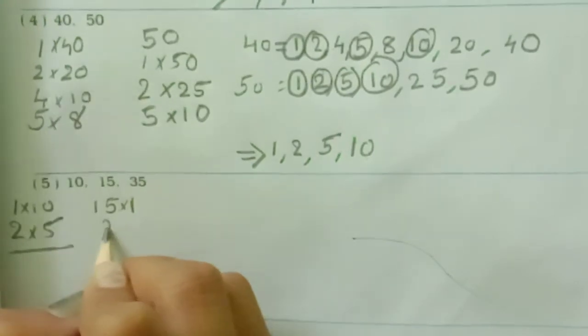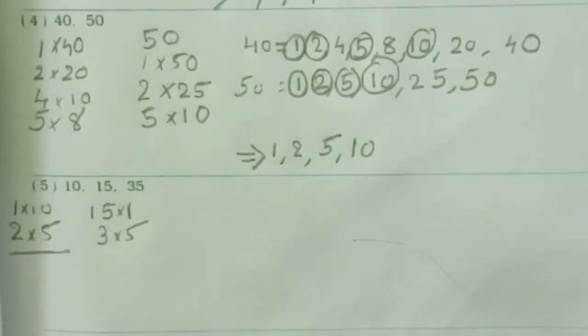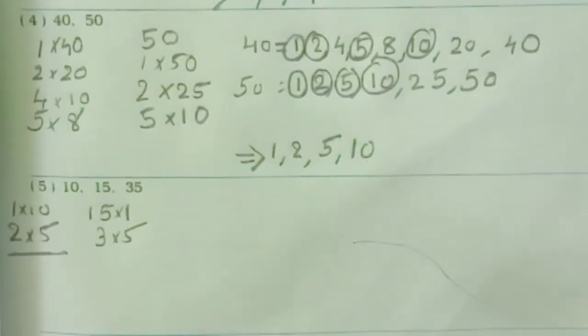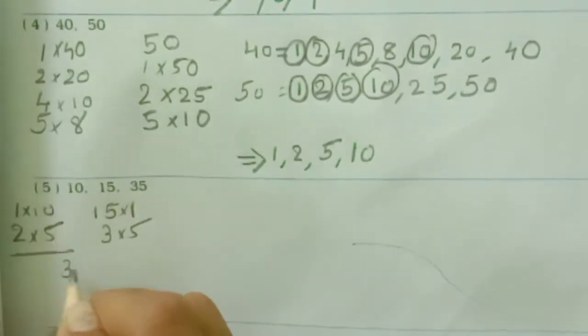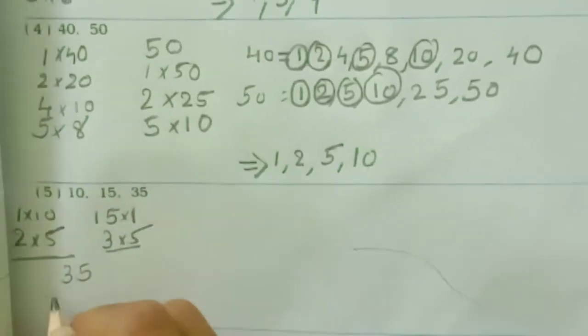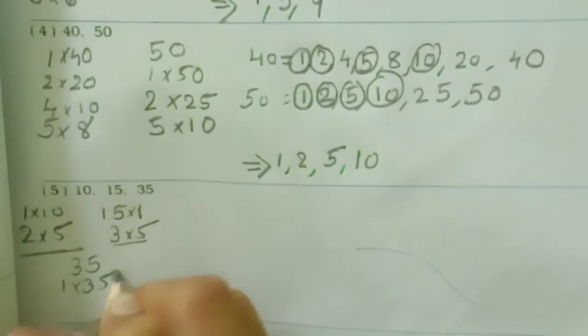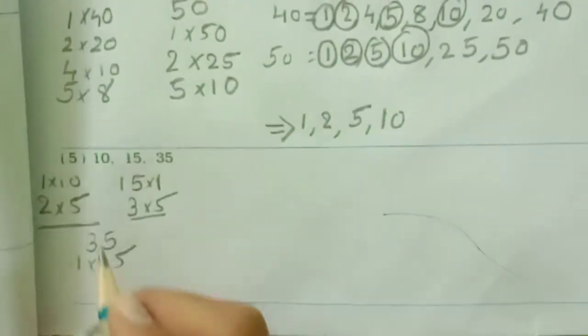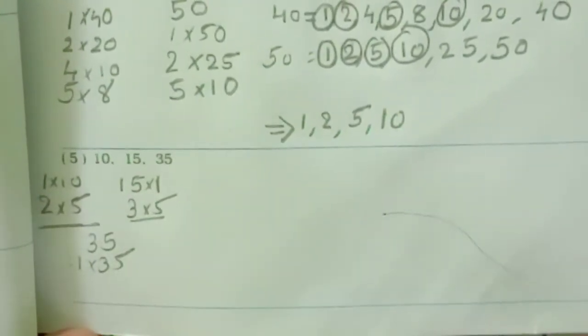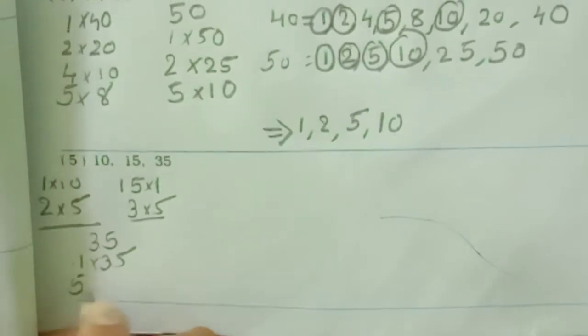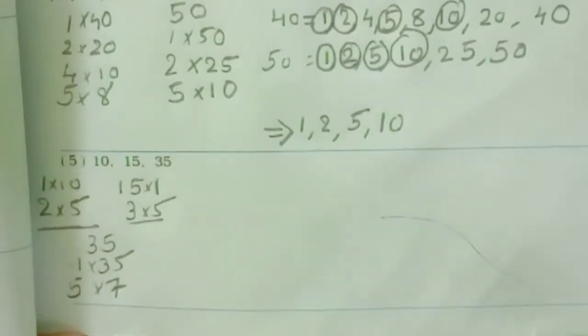Then 2 is not possible but 3 5s are 15. And 35: 1 35s are 35. Then 2 is not possible. 3 is also not possible. Directly 5 7s are 35.